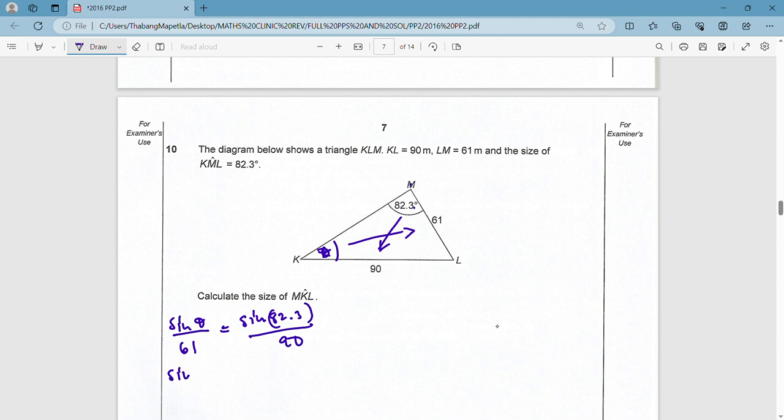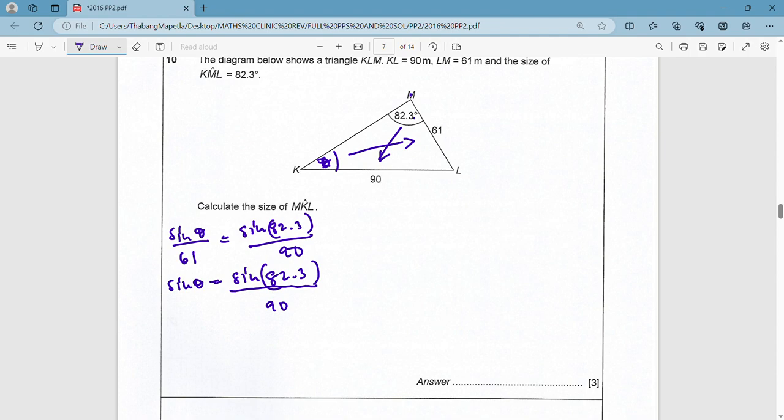So sine theta is equal to sine 82.3 over 90. What happened to 61? I should have multiplied by 61. Sorry about that. So it should be 61 times sine 82.3 over 90.